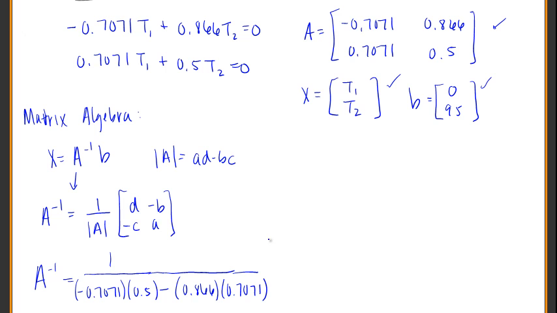Okay, so that's 1 over the determinant, and then swapping some around, we're going to have 0.5 now on the top left. This bottom one's now going to become negative. The top right's now going to become negative. And that bottom right is now swapped, so 0.7071. Okay, so we have 1 over all of that mess times this matrix.